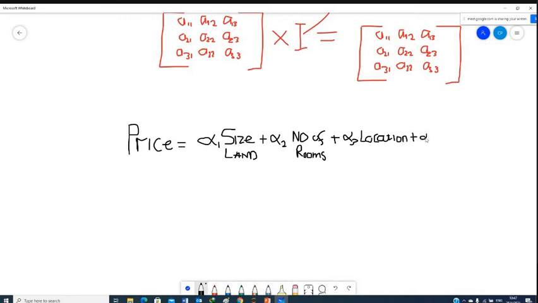And then possibly the other one could be, does it have a wall? And then the other one could be, for example, does it have a borehole?